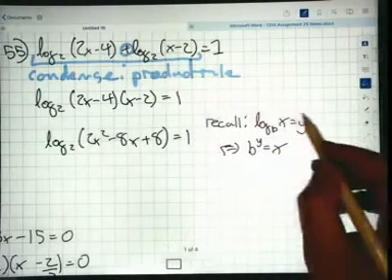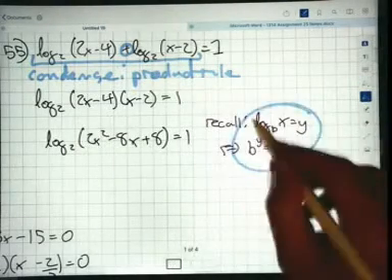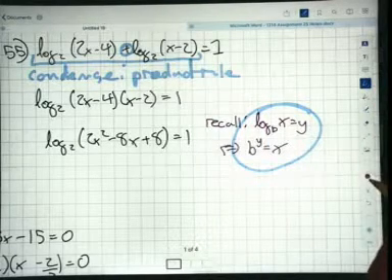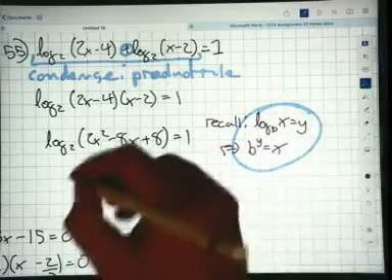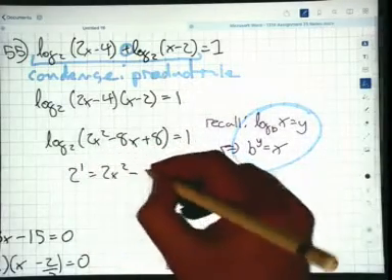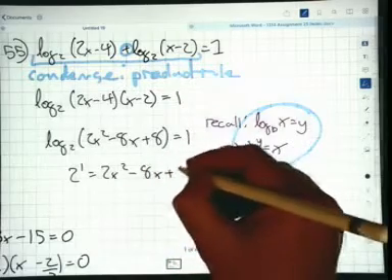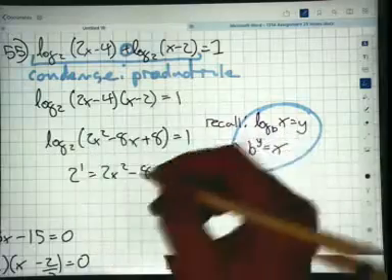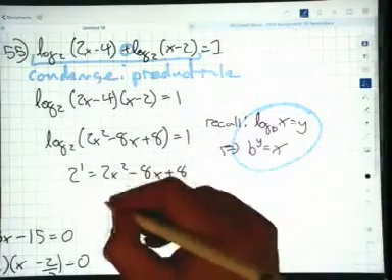We're going to use this to rewrite this equation in the exponential form. So in the exponential form, this becomes 2 to the 1 is equal to 2x squared minus 8x plus 8. So 2 to the 1 is just 2. So I'm going to set this equal to 0.